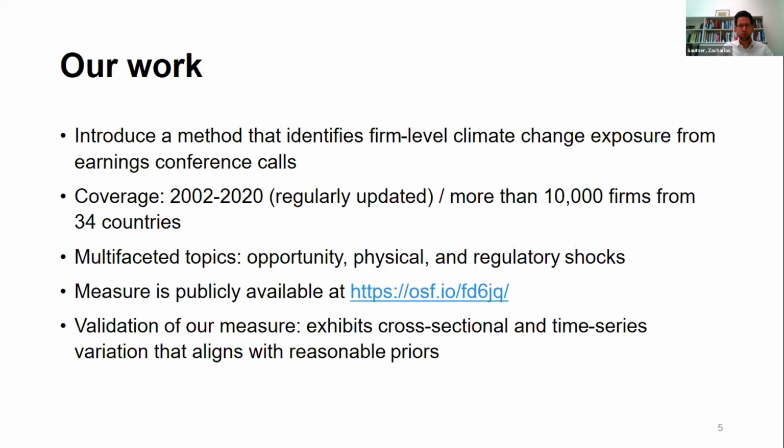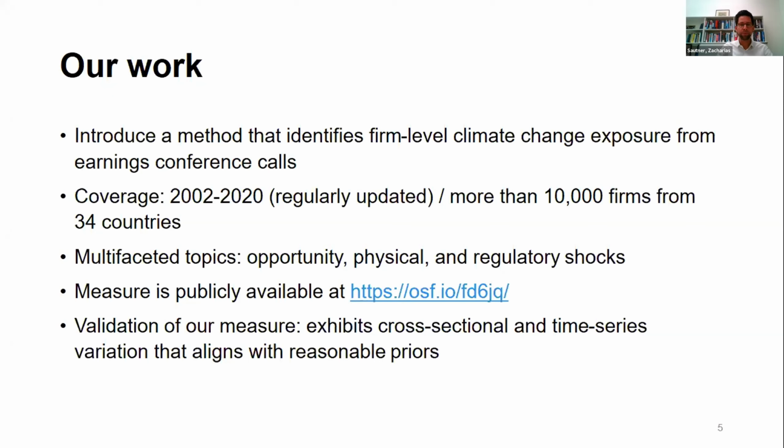So we try to make progress in terms of introducing a method that identifies firm level, and let me emphasize that, firm-level exposure to climate change, and we construct this measure from earnings conference calls. Now, the nice thing with our measure is it's available over a relatively long period of time, 2002 to today.